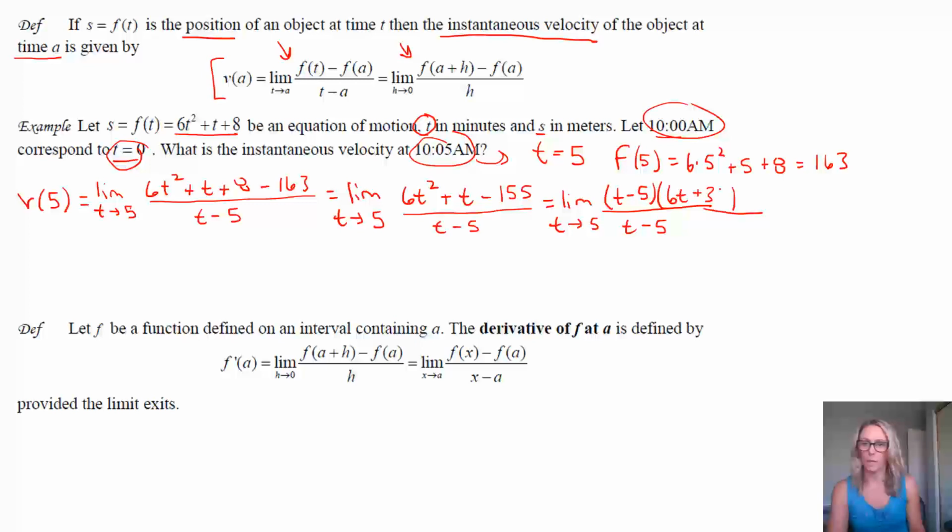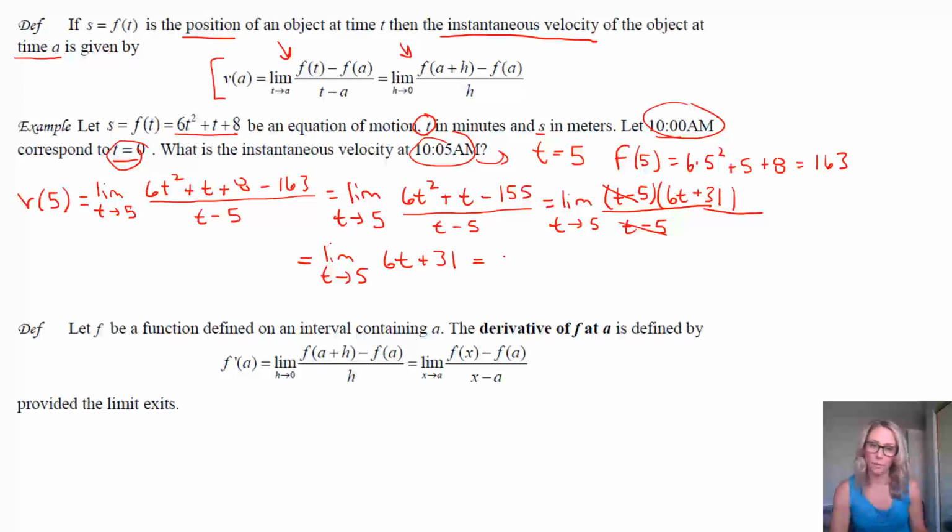That's going to be 31, and then you can multiply it out and double check, but that's going to give you the 6t squared plus t minus 155. But more importantly, it allows us to factor out and simplify that t minus 5. So we have the limit as t goes to 5 of 6t plus 31. So go ahead and plug that in and see what you get.